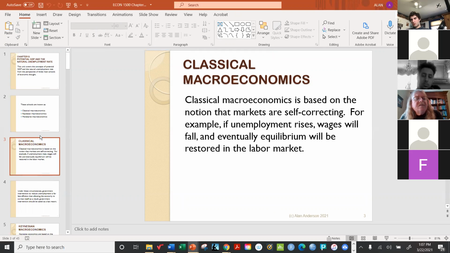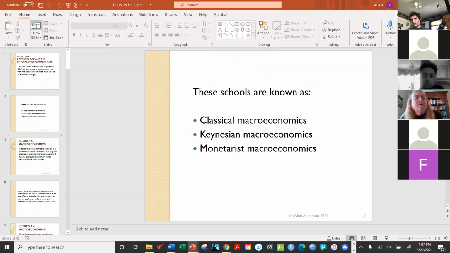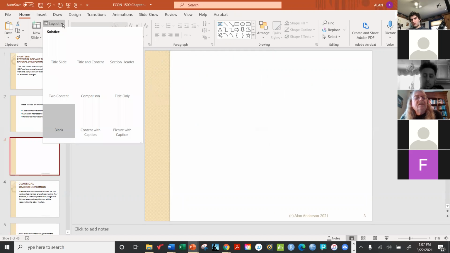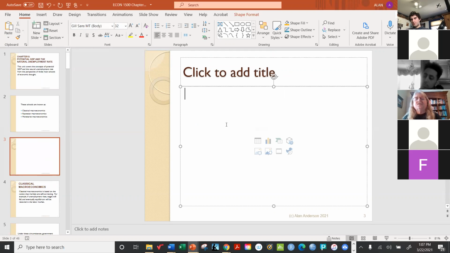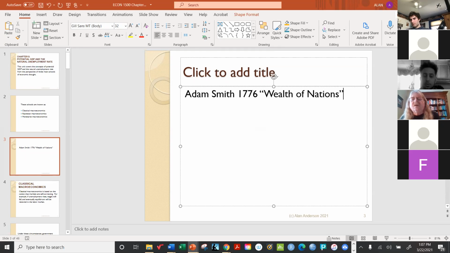And I think we may have discussed this gentleman before, but the founder really of the entire discipline of economics was Adam Smith. And in 1776, he wrote his masterpiece, The Wealth of Nations. It's one of those books that's so path-breaking that, when you come right down to it, almost everything that followed was somehow based on The Wealth of Nations. That's where the field of economics really got started.